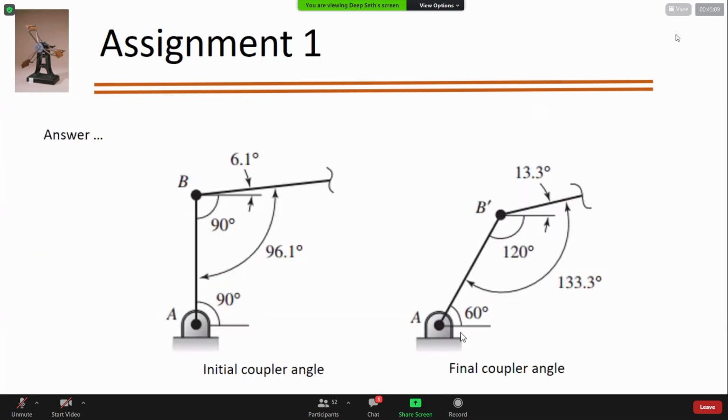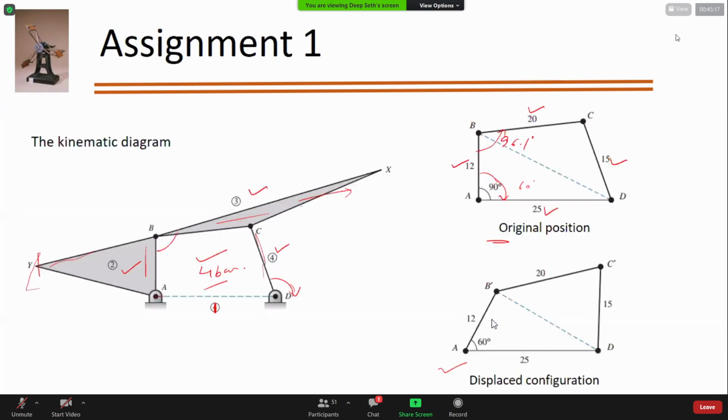And when you pull the lever so that this part becomes 60 degree, this angle becomes 133.3 degrees. Okay. So either you find this angle or this angle.